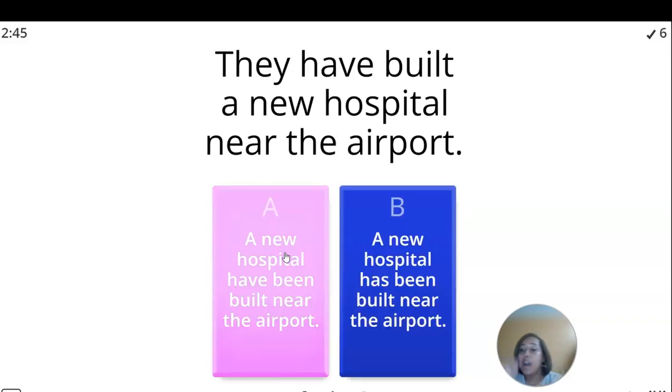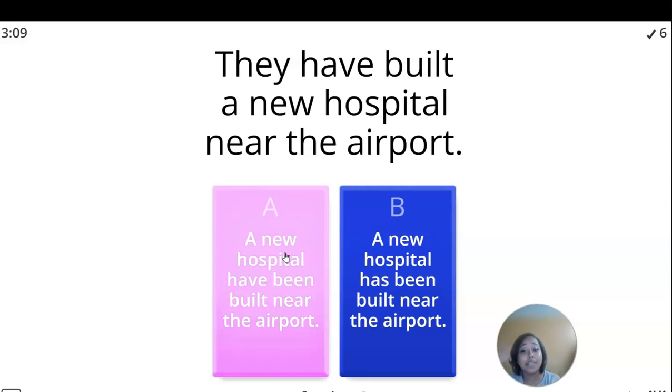Good. Now, last one but not least, they had built a new hospital near the airport. So a new hospital have been built near the airport, or a new hospital has been built near the airport. So what will it be?